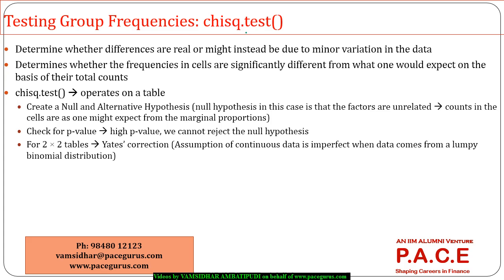So initially, getting started with the chi-square test. Of course, first let's look at the conceptual aspect of it. Then we'll put that to data and then take it up in R as well.